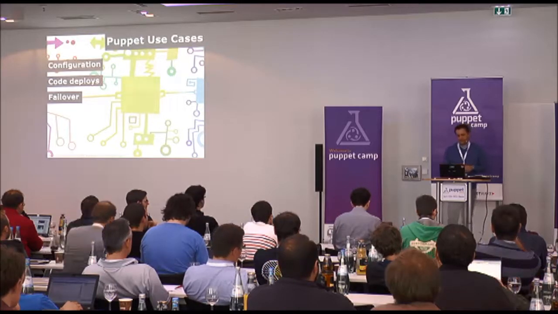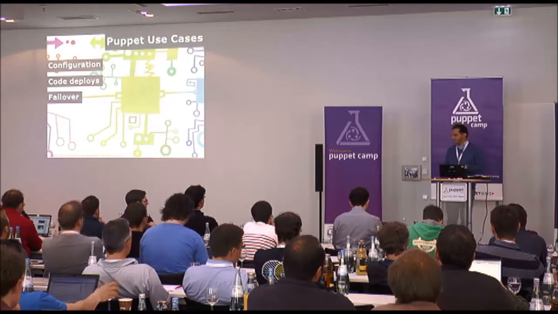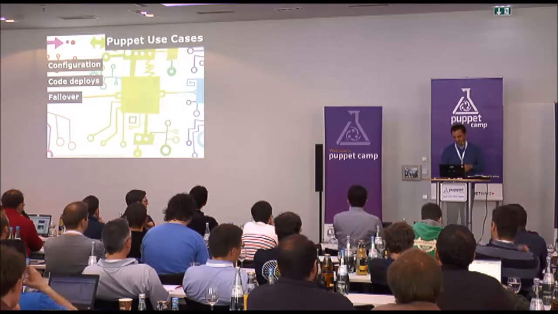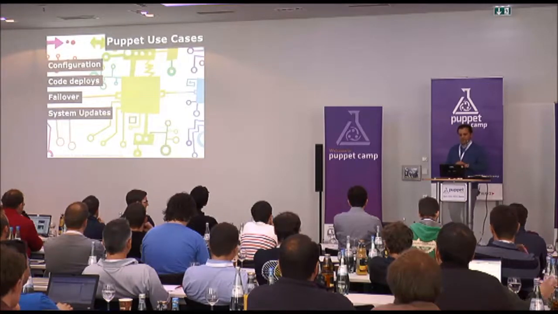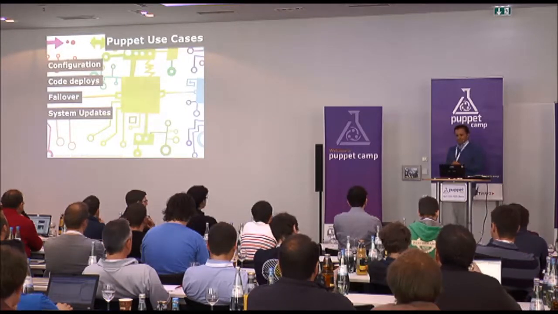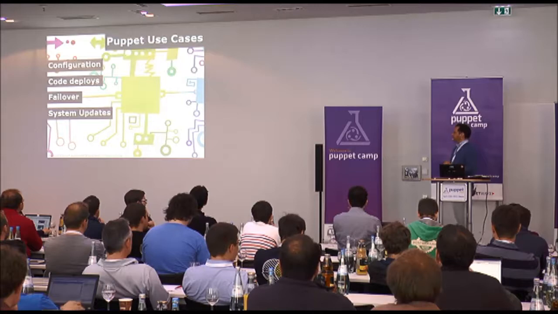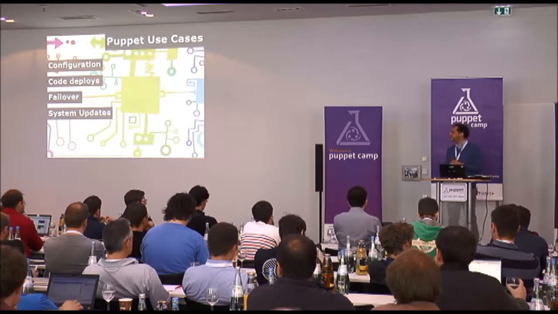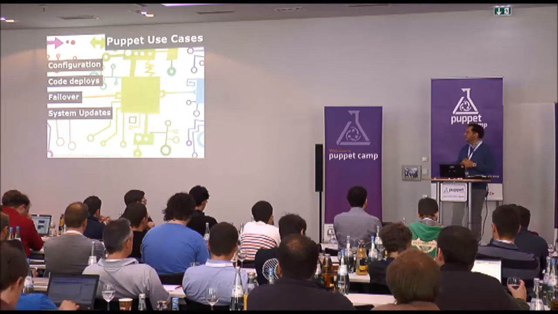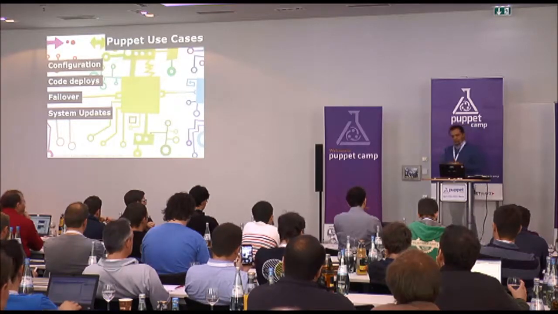It's important that there are not too many buttons to push, otherwise that person may hit the wrong button and screw up even more. We also use Puppet for that. And for system updates, so whenever there's a security update or some new packages, we also use Puppet to roll them out.